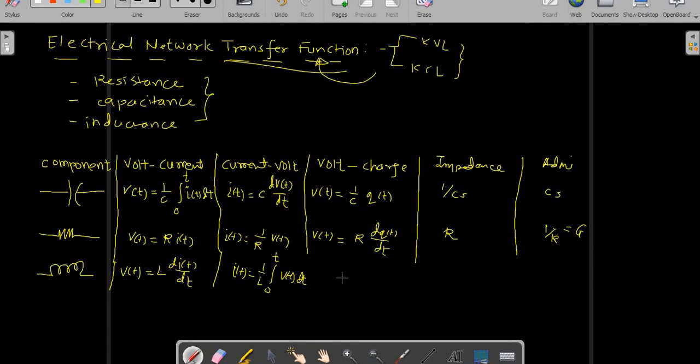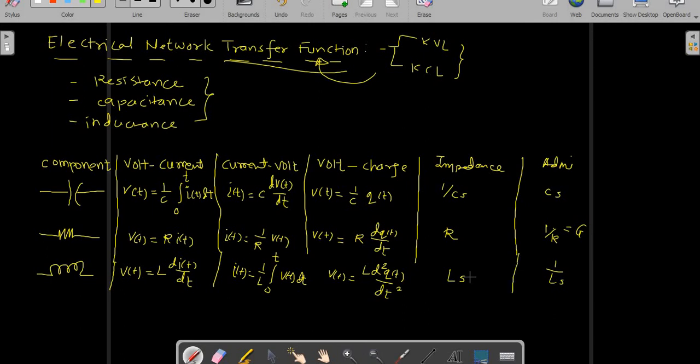Then voltage charge relation will be v of t is equal to L d square q of t upon dt square, right? And impedance is Ls, admittance is 1 upon Ls.